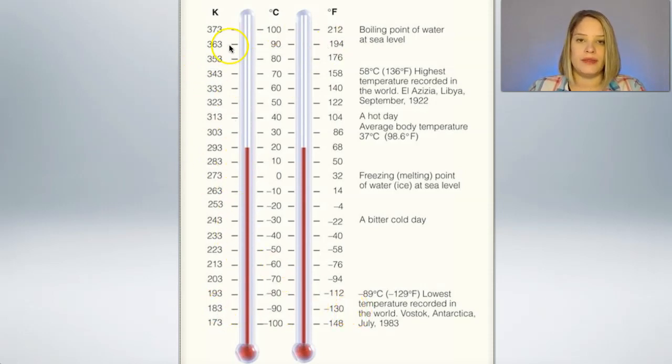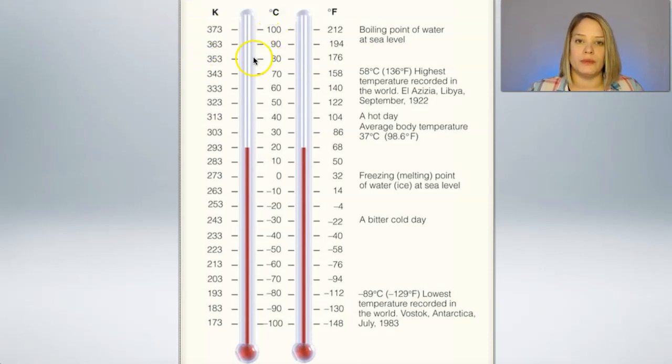One nice thing about the Kelvin compared to the Celsius scales that I'll point out, the increments are the same. So notice if I start at 100 degrees Celsius and go down 10 degrees, the Kelvin scale has also gone down 10 Kelvin.